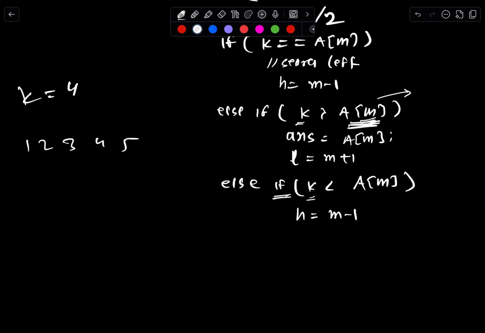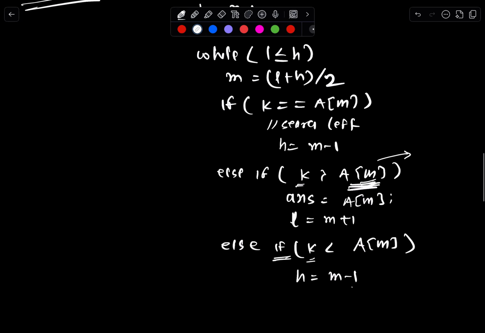K is 4, but my middle element is 5. So K is smaller. So there's no point of searching here because we always have to find the smaller element, right? So we have to search on the left side. That's it. And my while loop ends.